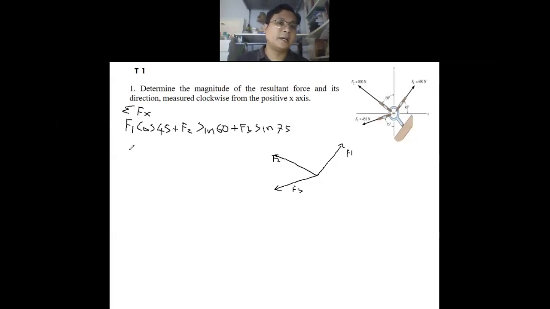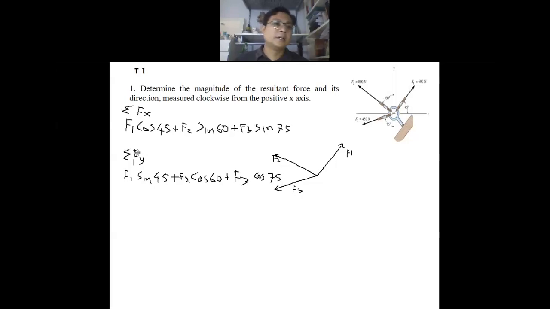Now in the Y direction, also just repeat: F1 sine 45 degree, and then F2 we have cosine 60, the last one, F3 multiplied by cosine 75.